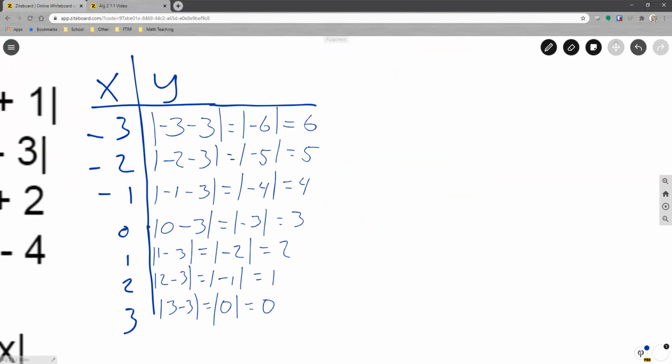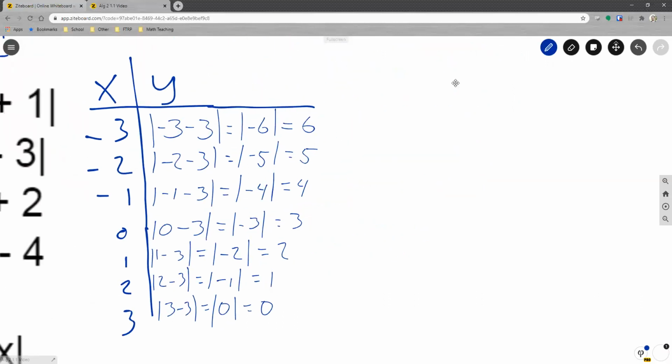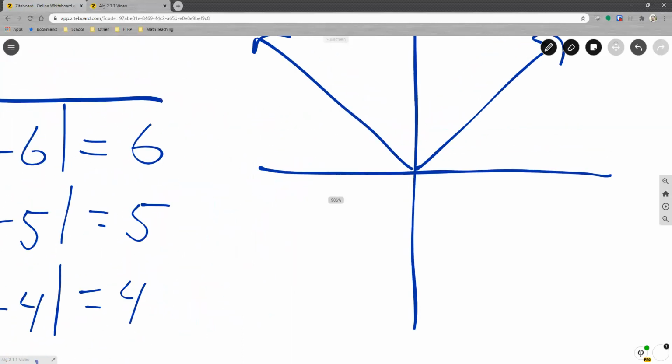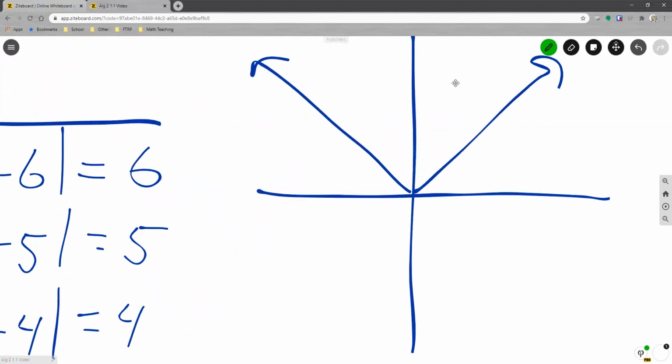So let's quickly graph this, see what the heck is going on. So my original function looks like this. Change colors to differentiate. Let's say this is 1, 2, 3, 1, 2, 3.